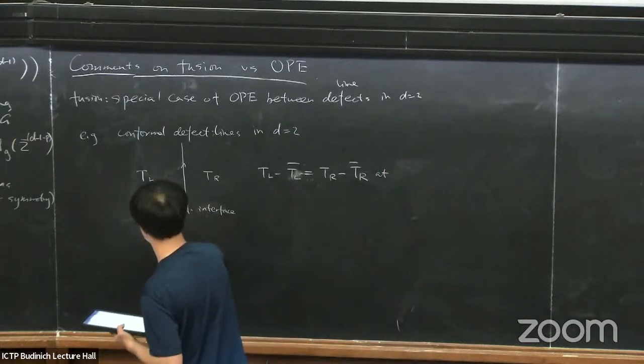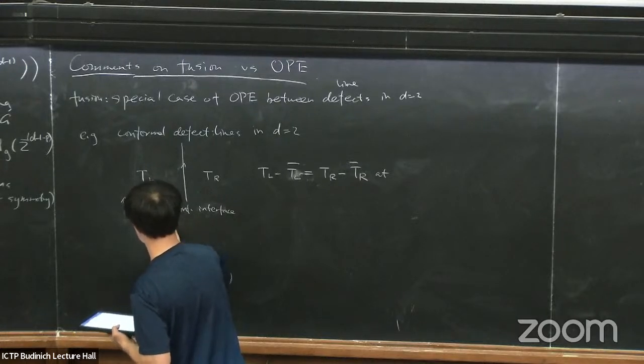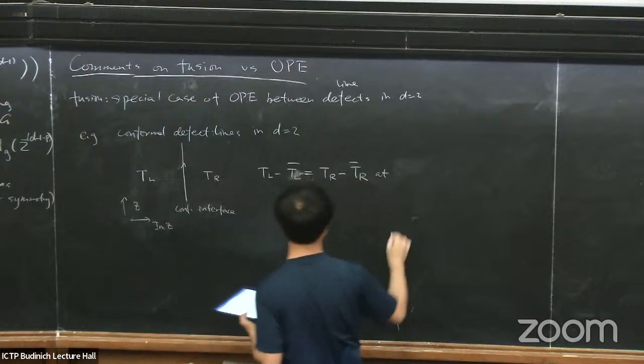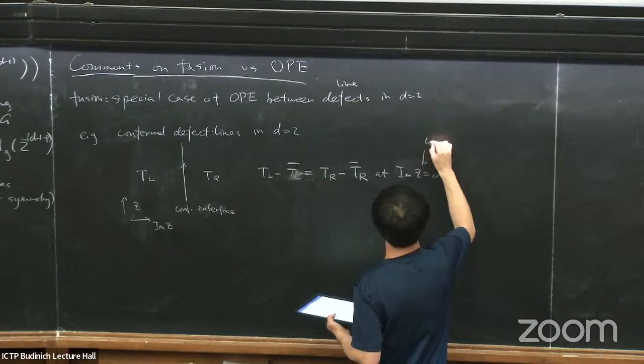So this is the z plane, and for convenience, I'm calling this direction the imaginary z direction, which is the location of the interface.